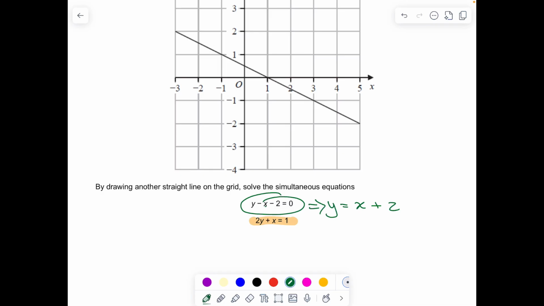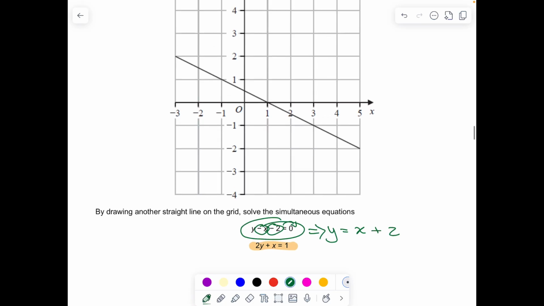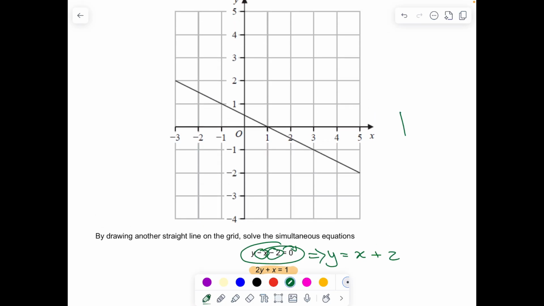So all I did was take a minus x and the minus 2 to the other side of the equal sign so they become positive. So it gives me y equals x plus 2. Nice and easy then. I can draw myself a little table if I want. I'll just do from minus 3, I'll maybe do 0, and I'll do 5.